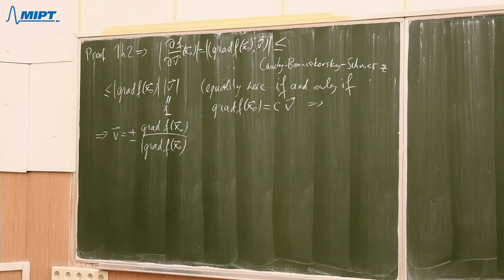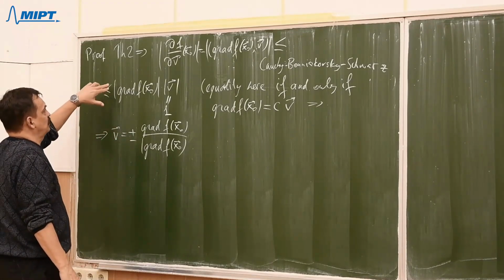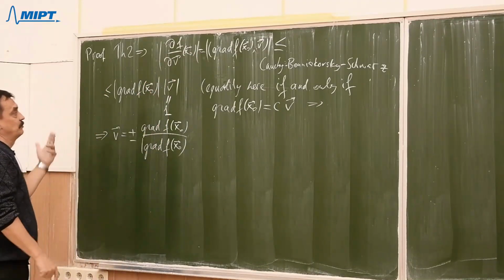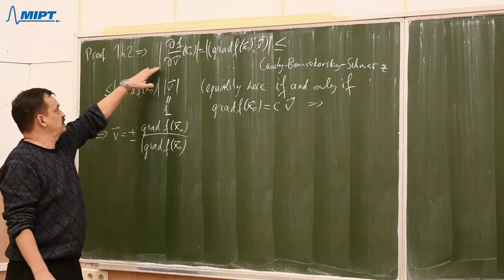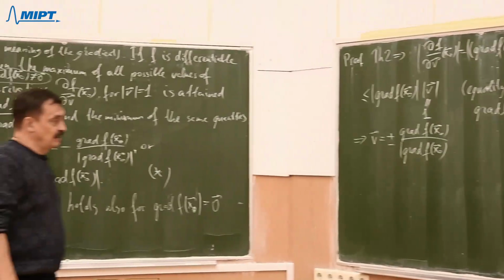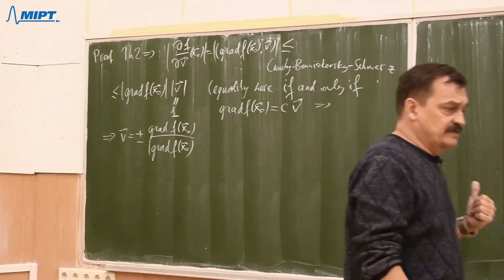If we choose v equals to plus, then we have plus here, maximum. If we choose minus, then we have minus here, so minimum of the values of our directional derivative. So the theorem is proved.